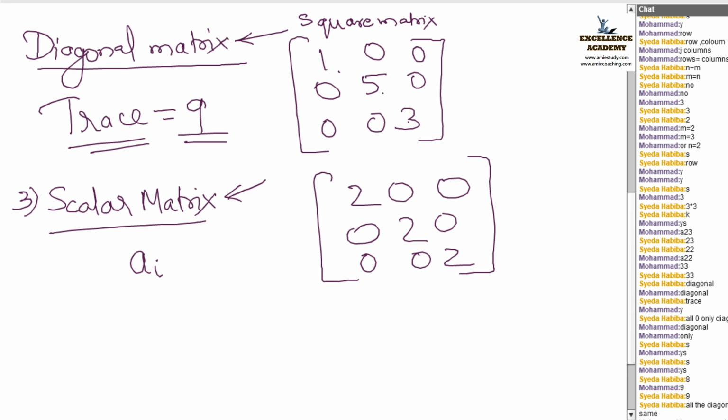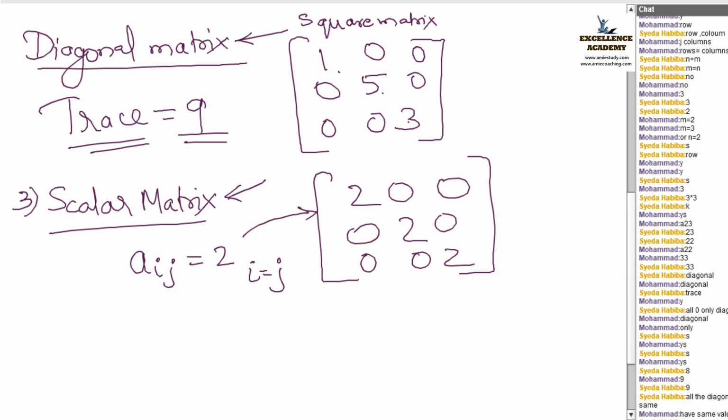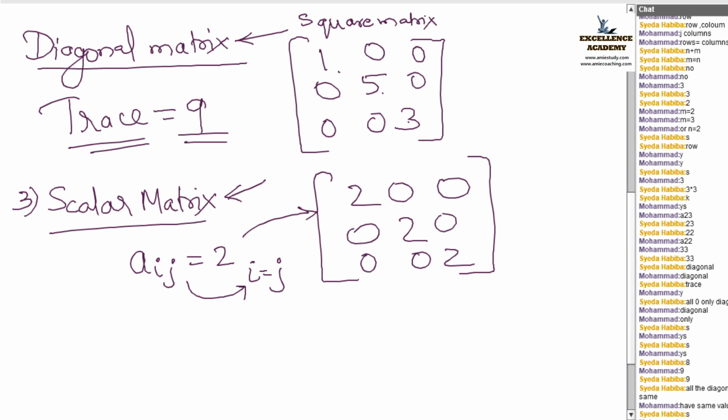So if I am writing like this, Aij equal to 2 for i equal to j, can I represent this matrix like this? Am I right?